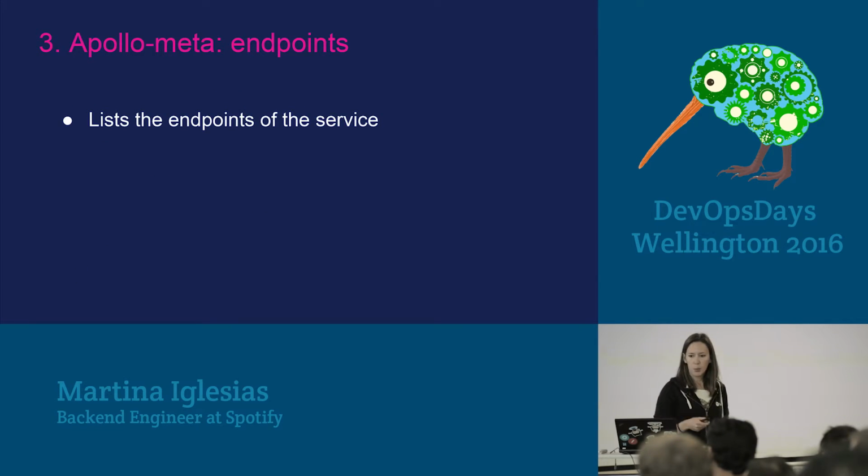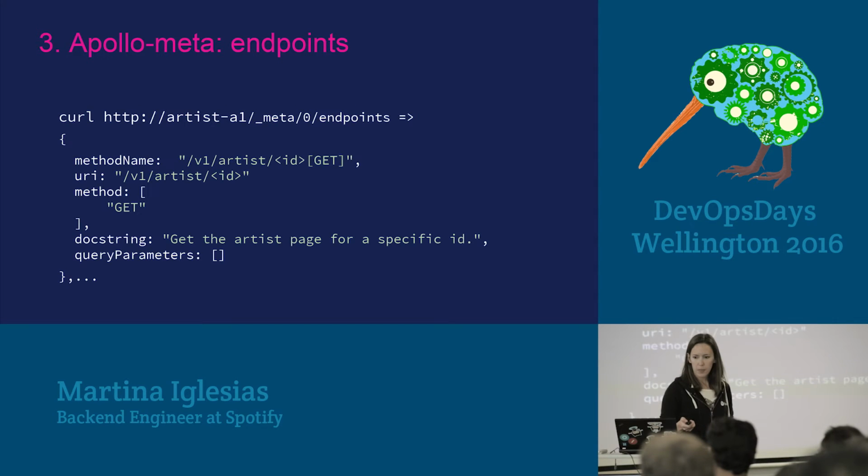Then you have the endpoints one, which is one of my favorites. It will gather for every route or endpoint that you register in Apollo, it will gather that information. And when you make a request to this endpoint, you will get a detailed list of all the endpoints. So if you make a request to /_meta/0/endpoints, you get this JSON back that says, I have an endpoint on the URI /v1/artist/id.